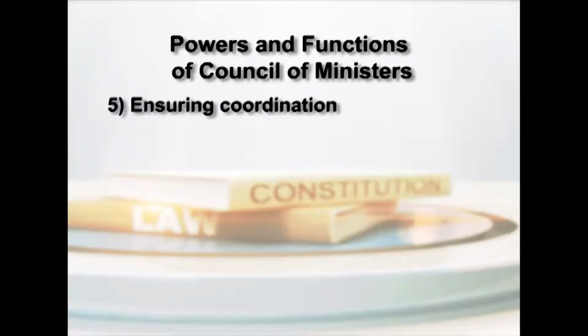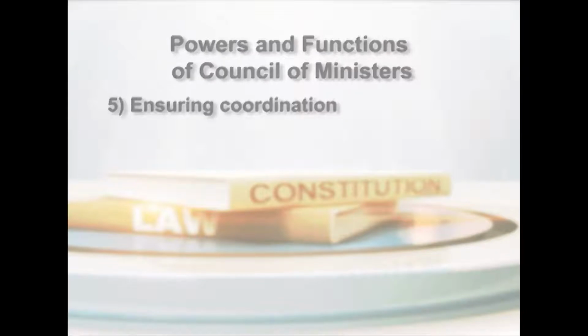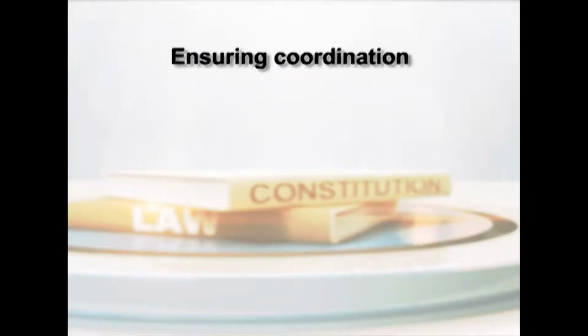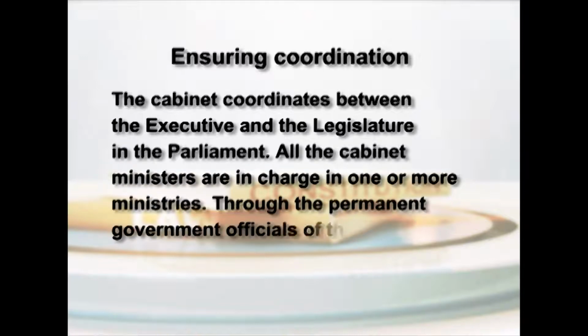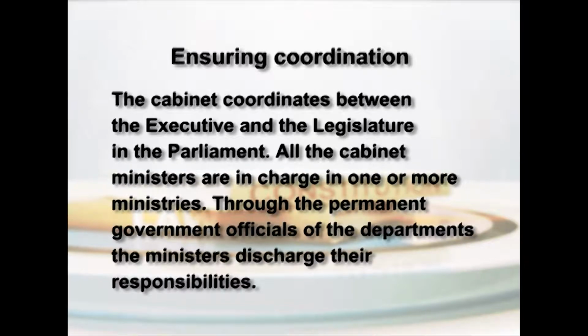Fifthly, in ensuring coordination, the cabinet plays a crucial role. The cabinet coordinates between the executive and the legislature, or the parliament. The role played by the cabinet is significant in this regard.